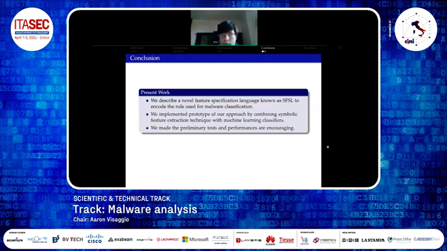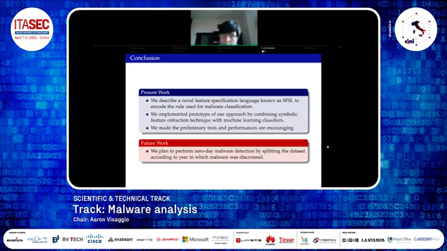And the preliminary results are quite encouraging, and we would like to expand this work further. In future work, we also plan to perform zero-day malware detection by splitting the data set according to the year in which the malware was discovered. So this needs to be done, and the data set also needs to be expanded. Thank you very much. And now I am open for questions.